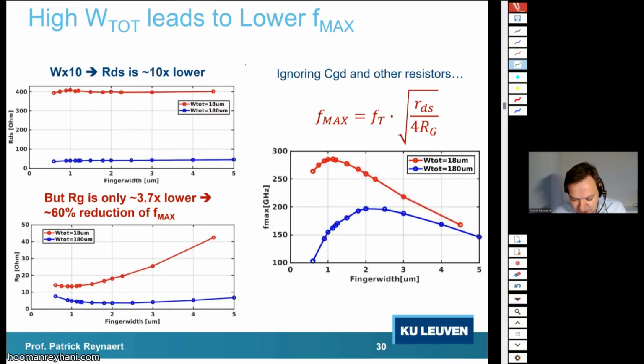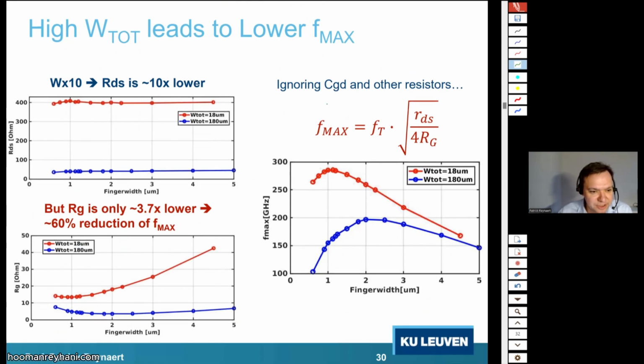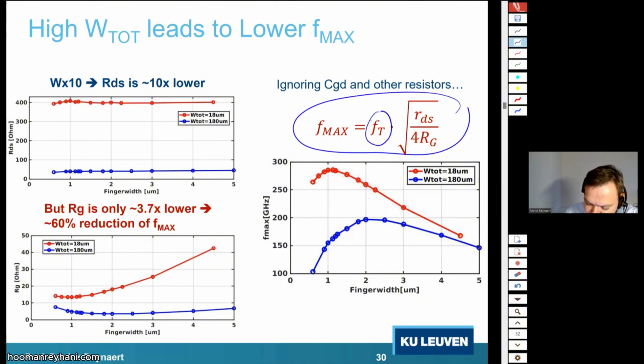Taking a closer look into what's happening here with the fmax. If you look at the very simplified equation of fmax, it has ft in there. Ft does not change because, yes, we are changing the layout, but remember, ft mainly depends on the biasing. We are not changing the biasing, so mainly we are looking at this ratio.